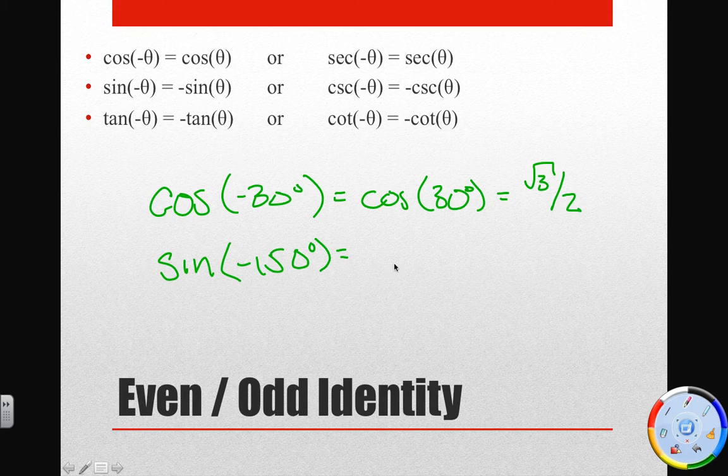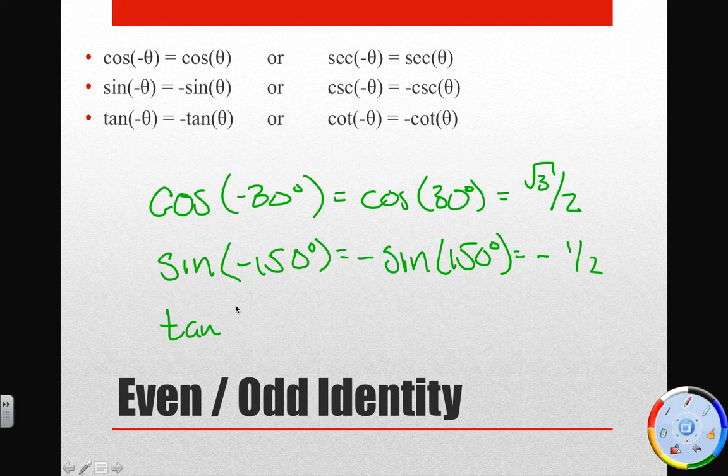Well, that would just be the opposite of the sine of 150 degrees. And we figured out the sine of 150 degrees is what, half? So the sine of 150 is 1/2, but now it's negative 1/2. And we can just use this in any way.